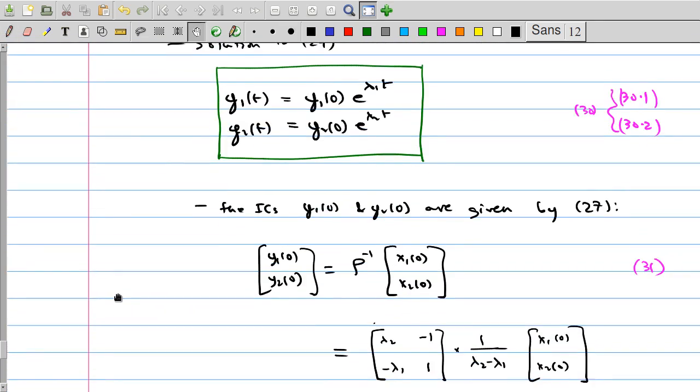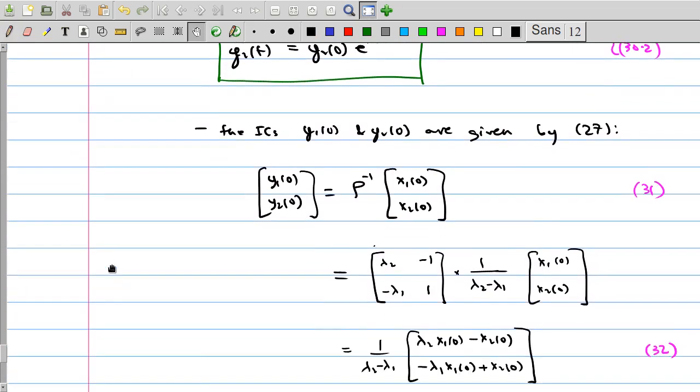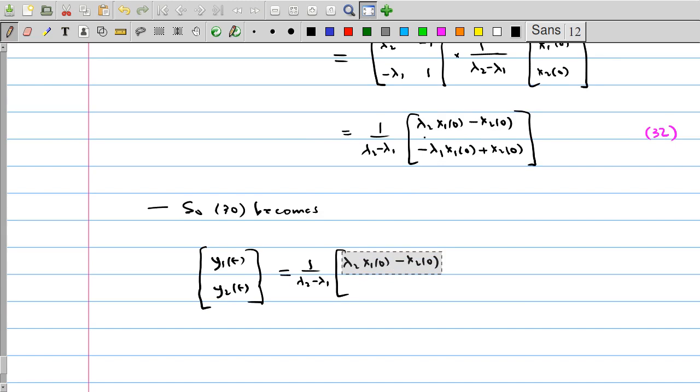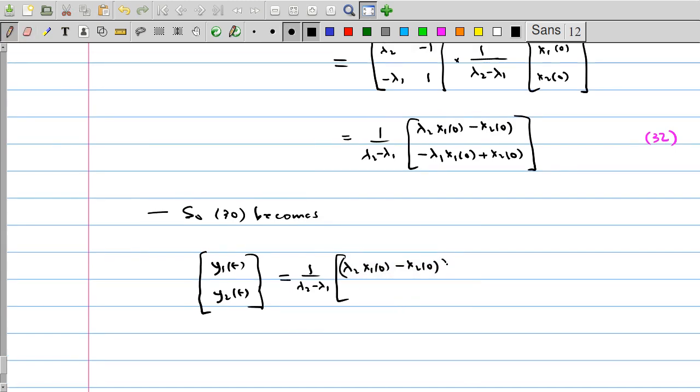So y(t) equals 1 over lambda 2 minus lambda 1, just this first thing over here, times this whole thing times e to the power of lambda 1 t, and the second thing over here times e to the power of lambda 2 t.